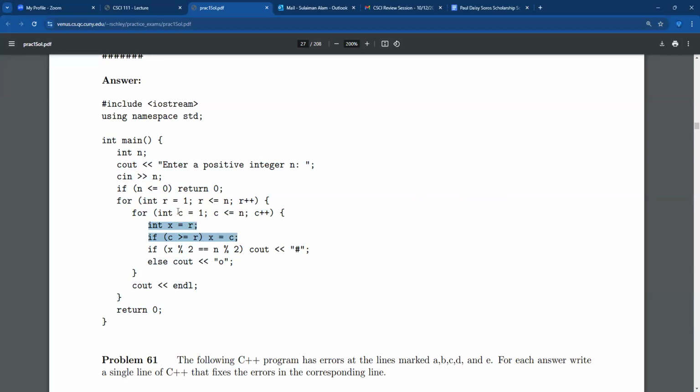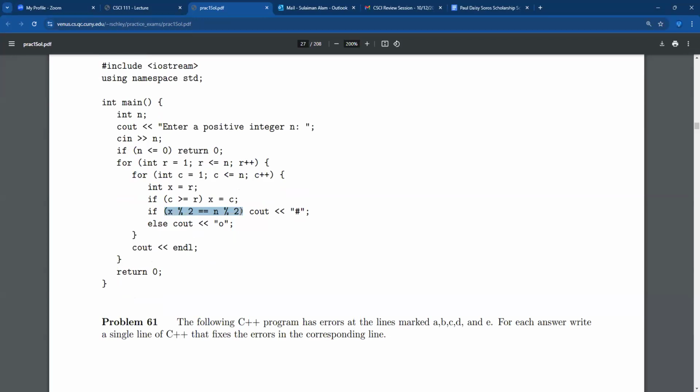Say we're on row 3 and column 3, and then column 4. Then we initially set it equal to the row number, row 3, right? And then if we're on a higher column number, we'll switch over to the column number, so now X is equal to the column number we're on. And then we do the comparison. This is similar to I think the comparison we did here. Where is it?